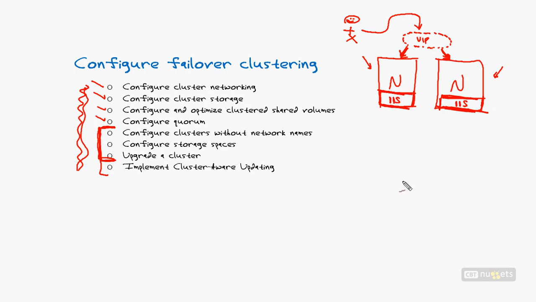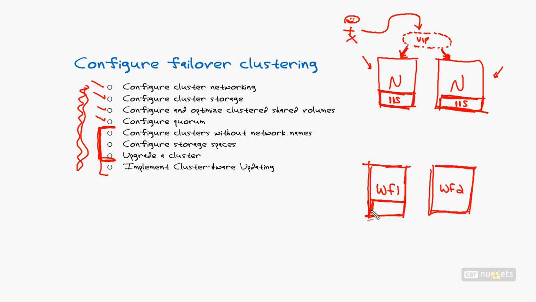This is very fundamentally different from how things work in the Windows failover clustering world, because here's Windows failover clustering node 1, here's node 2, and I'm attempting to go to a clustered instance of DNS or WINS or a clustered file server or a clustered Hyper-V virtual machine.